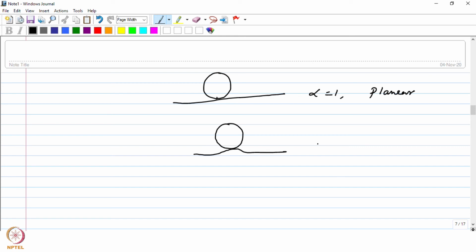And for alpha greater than 1, the interface will form a trough near the particle.